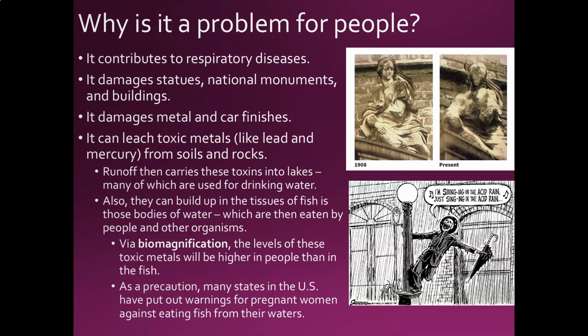A lot of our statues and buildings, like if you've been to Washington, D.C., everything there is made of marble, and marble gets damaged in acid rain. This picture over here is a statue in 1908 and a statue now, where the features on that statue have just been eroded away by that acid rainfall.